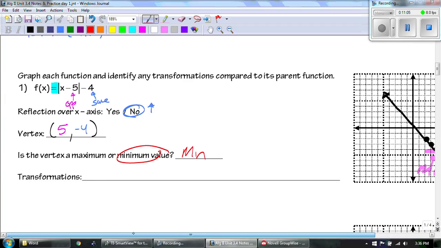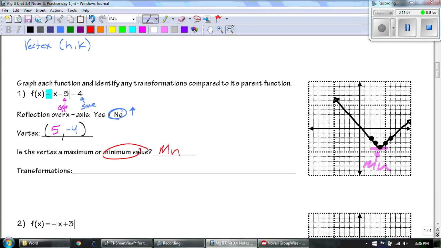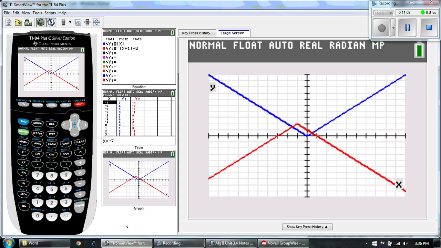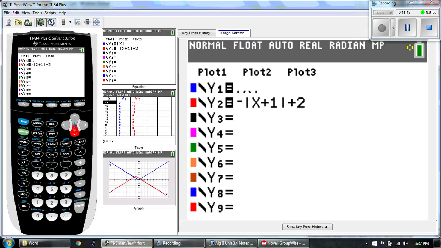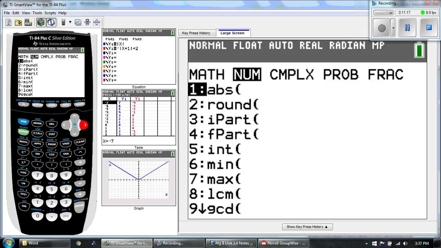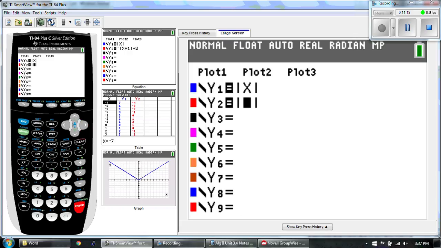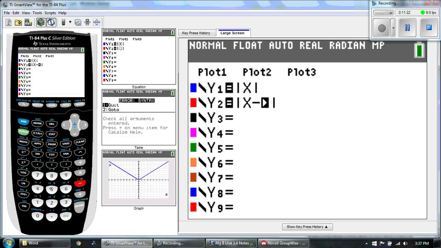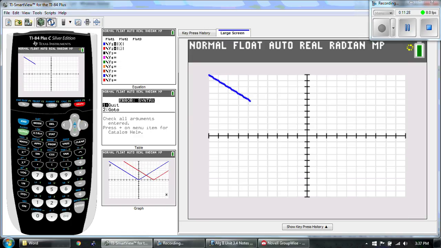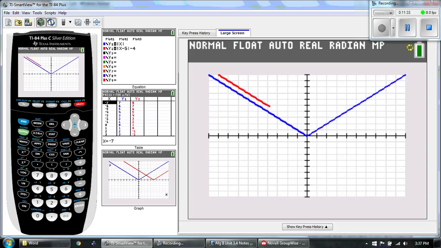Now, compared to our parent function, I can come over here and clear out that function and type it in real quick, but we should be able to see that x minus 5 and it was minus 4. Okay, there's our parent function. Now we can see how there's a horizontal shift.